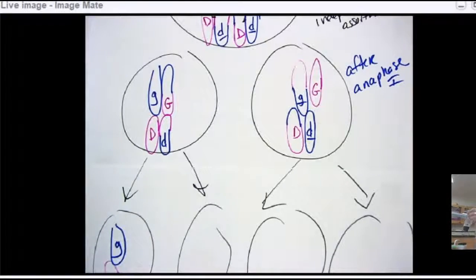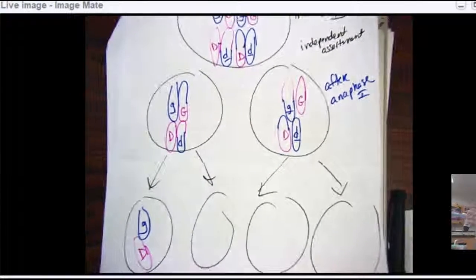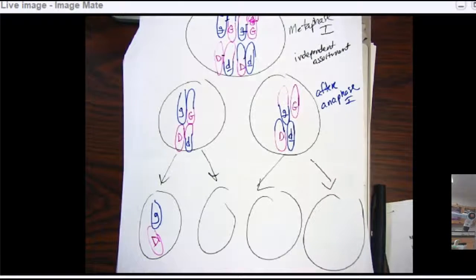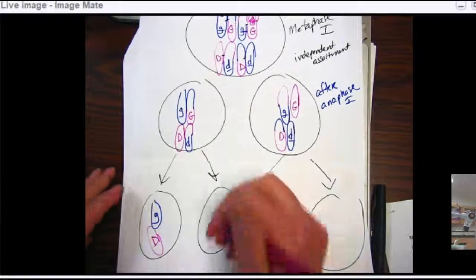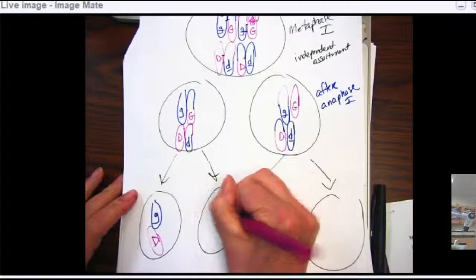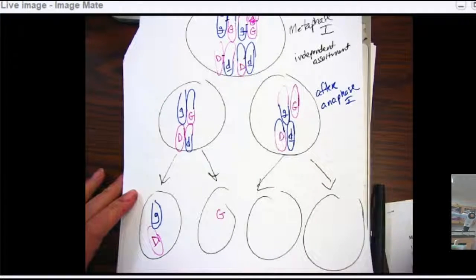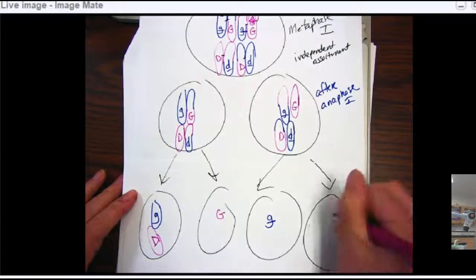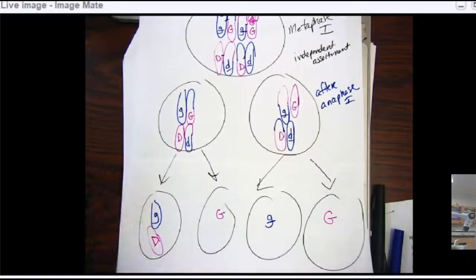So, things that they're going to look for on the rubric. Everything needs to have a chromosome 1. So everything needs to have a G. But you should have 2 that have a recessive G and 2 that have a dominant G. How you place that does not matter.